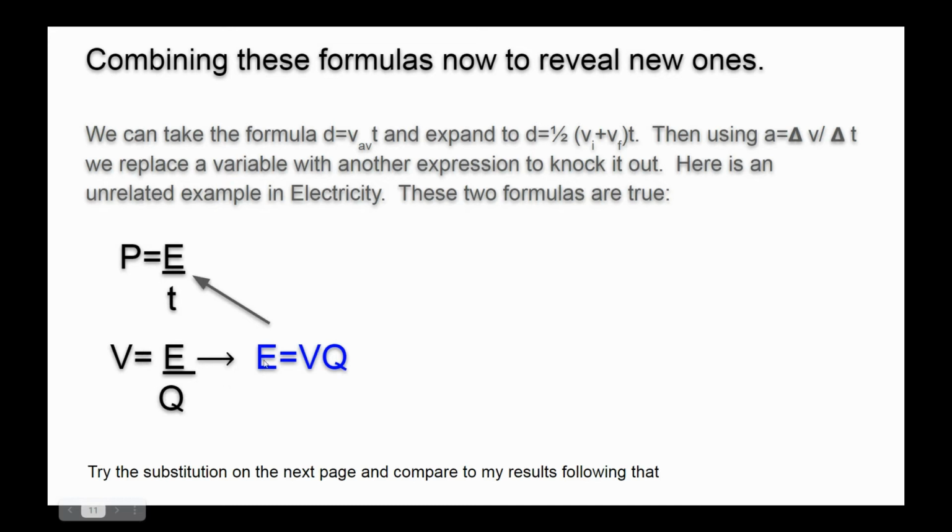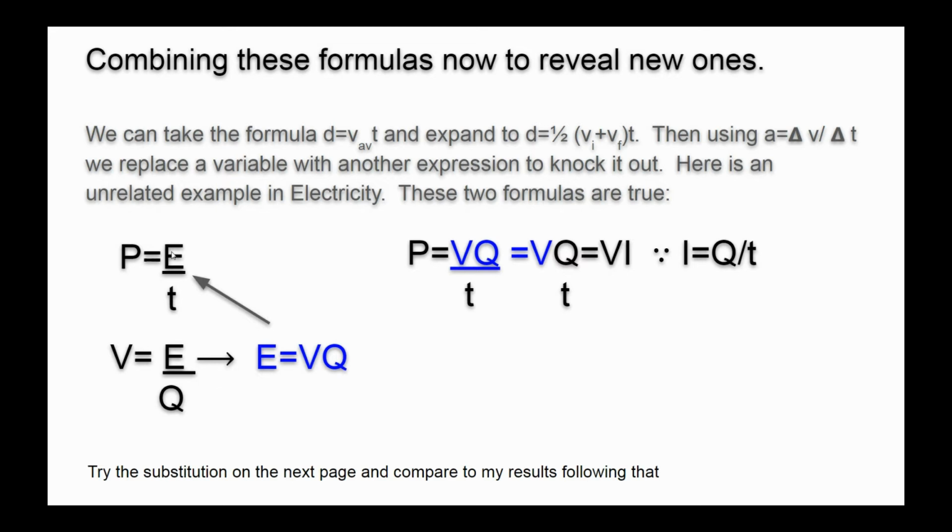If we rearrange this, electrical energy can be written as the voltage times the charge. You may or may not have done this in grade 9 electricity. So this would allow us to take the E out of the power equation and substitute this in place.